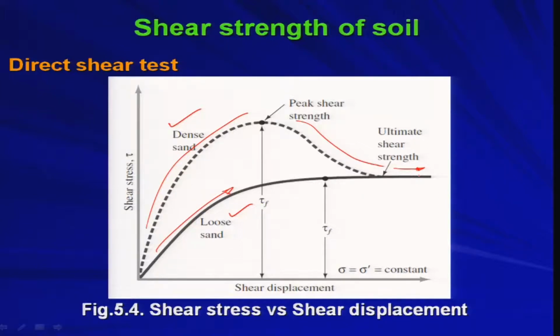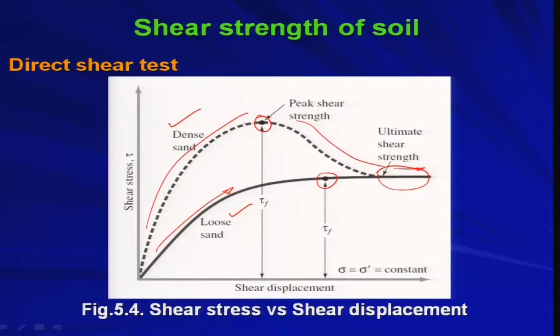At the ultimate state, both dense sand and loose sand give you the same shear strength. However, the peak shear strength for dense sand is much higher than the peak shear strength of the loose sand. Another thing you can conclude: the peak and ultimate shear strength are almost the same for loose sand, whereas the peak shear strength is much higher than the ultimate shear strength for dense sand, right.